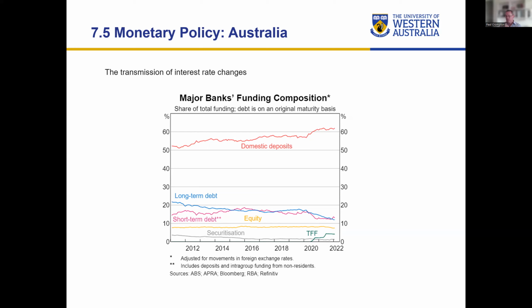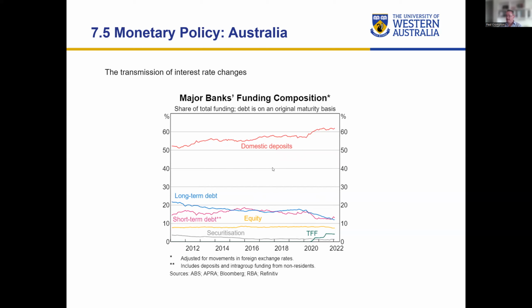Okay, continue the story. Historically in Australia, the interest rates paid on domestic deposits have been reasonably highly correlated with the cash rate, historically.